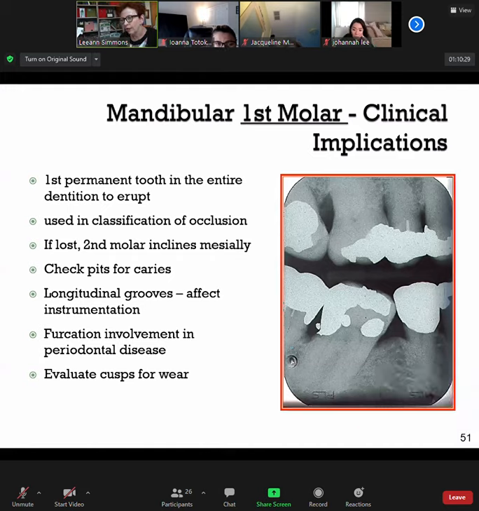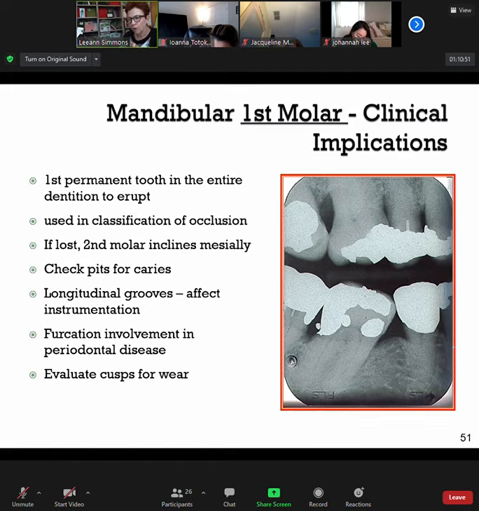So, clinical implications of the first mandibular molar. We're going to talk about this a little bit separately. It tends to be the first tooth to erupt in the entire dentition, sometimes even before the lower central incisors. It's used to classify occlusion with the maxillary first molar.